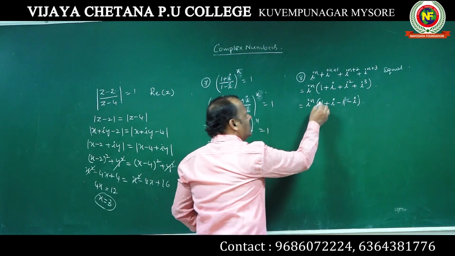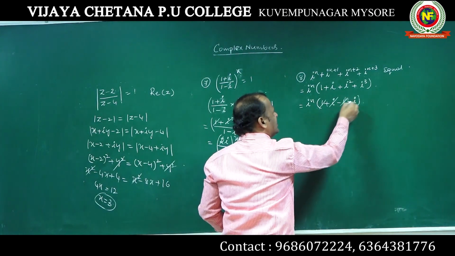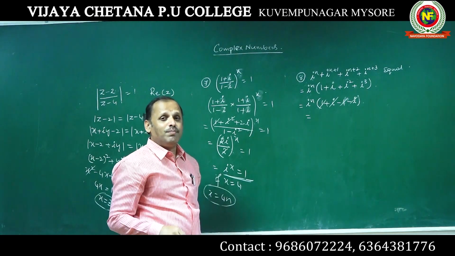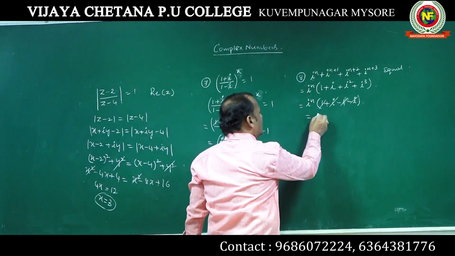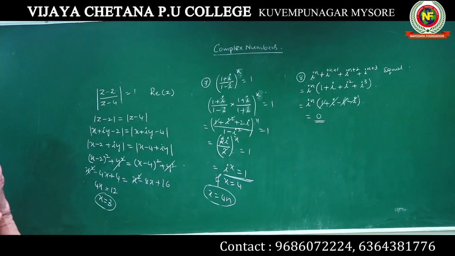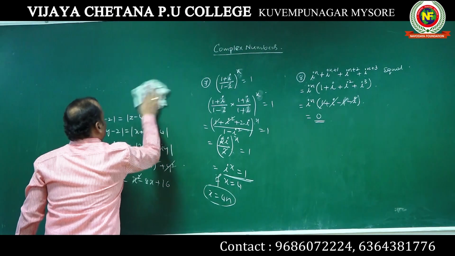Now plus 1 minus 1 will cancel, plus i minus i will cancel. i to the power n into 0, that is 0 is the answer for i to the power n plus i to the power n plus 1 plus i to the power n plus 2 plus i to the power n plus 3.